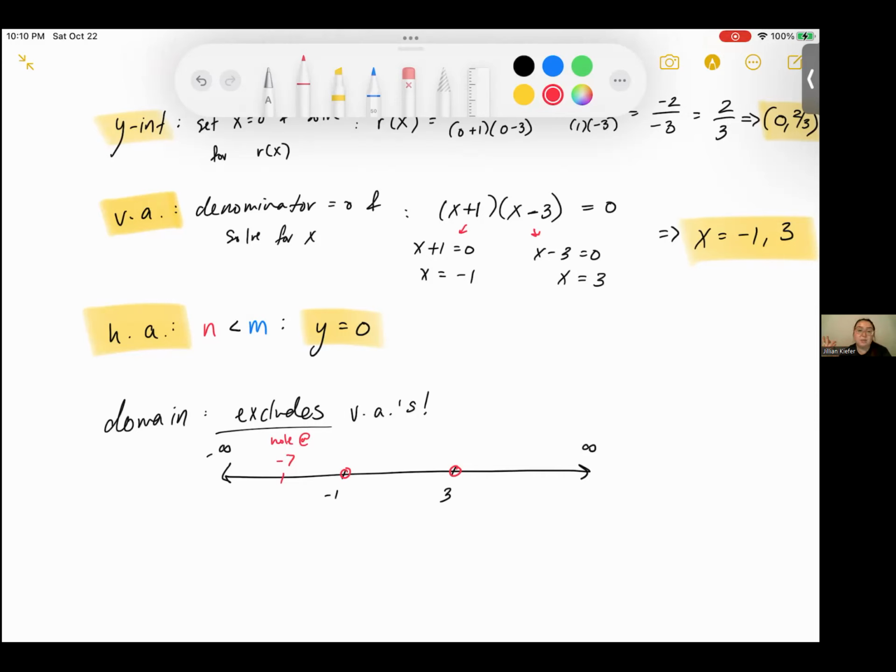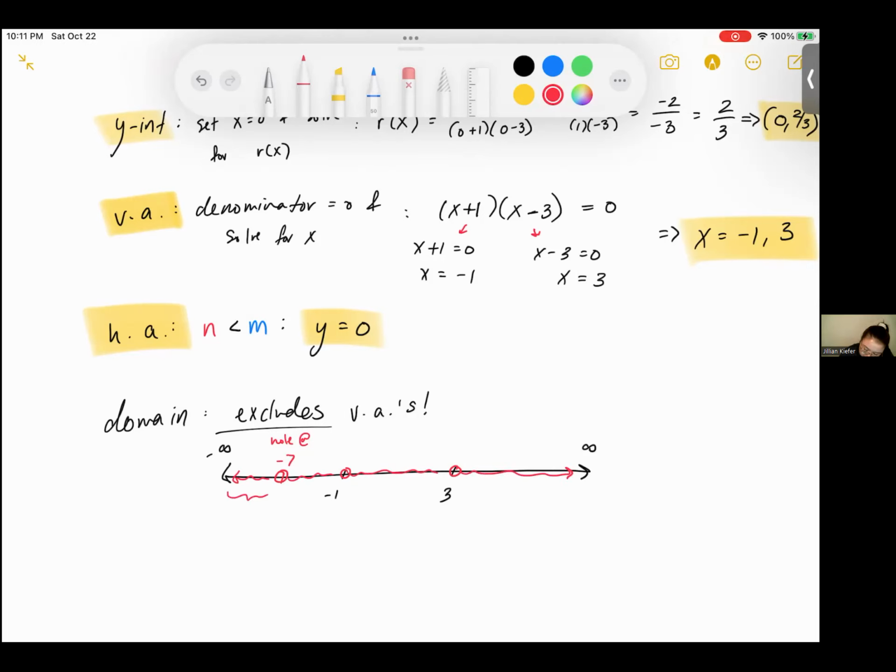It originally would have been a vertical asymptote, but you cancel it out, but your function still doesn't exist at that number. Because if you didn't cancel it out, it still wouldn't exist. You're still dividing by 0, but technically you cancel it out. It's a little bit of a fuzzy area. So you just remember your domain would exclude any holes as well. So you have these big open circles, but your function exists everywhere else.